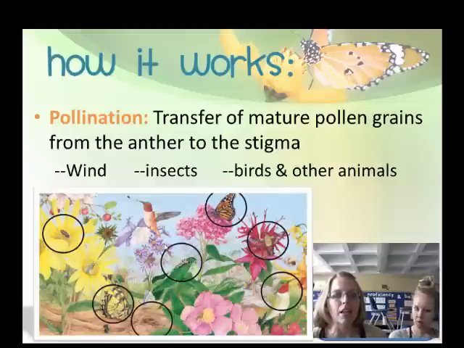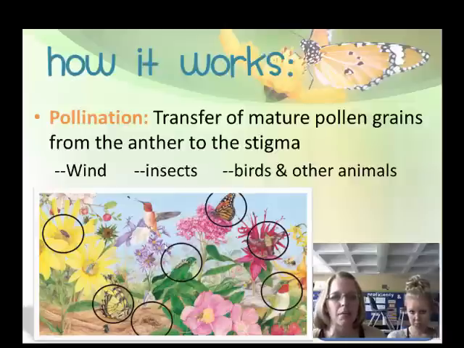Okay, so pollination. That's the act where you transfer a mature pollen grain from the anther to the stigma. And then we listed some pollinators. So the different ways that pollination happens, it can happen through wind, which we had some pretty brutal windstorms the last couple of days here in St. Louis.